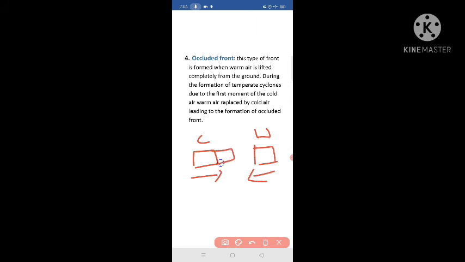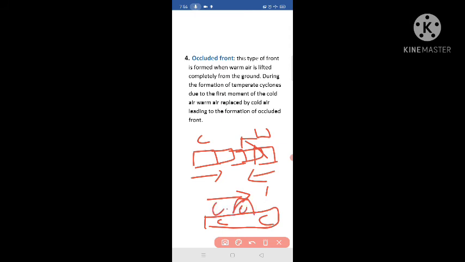As we know, the cold air mass moves forward and forward, it lifts the warm air mass, and here also the cold air mass comes. As the cold air mass moves faster than the warm air mass, it will occupy the whole position of the warm air mass. This is also cold, this is also cold, and the warm air mass will be located here.